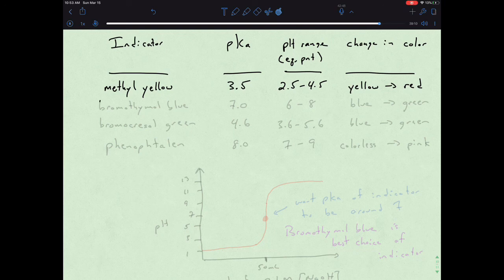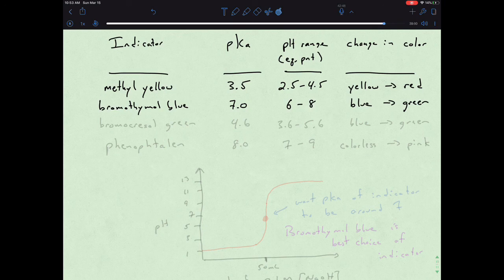Another example would be bromothymol blue. Bromothymol blue has a pKa of 7.0, so it has a range of 6 to 8 in terms of pH, and that actually goes from a blue to a green color.